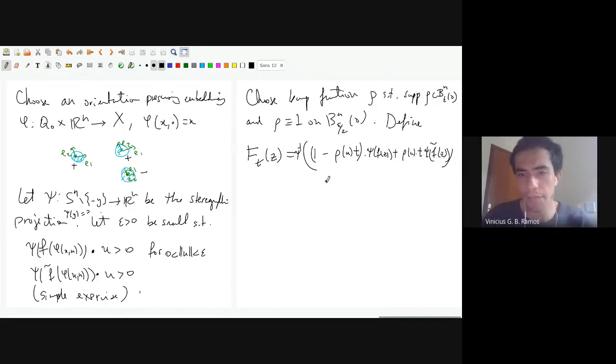Okay, so this is if z is phi of xu. I mean the idea is very simple. All that you need to do is impose this condition to make sure that this does not escape from your neighborhood.